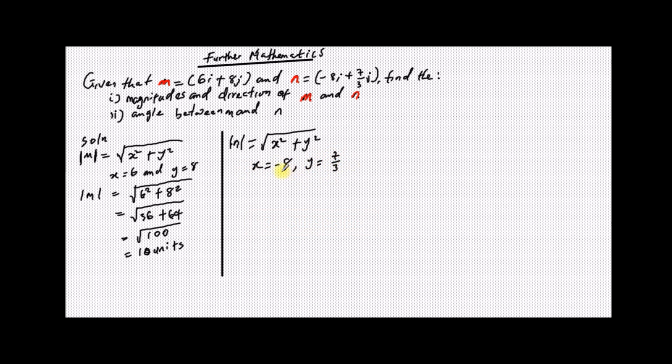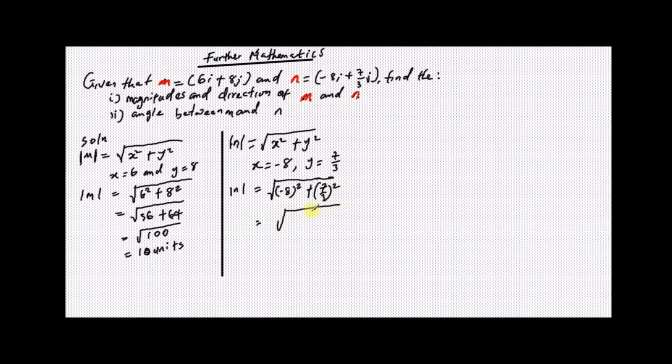So if we substitute these two values into this formula, we have magnitude of n equals square root of minus 8 square plus 7 over 3 square.